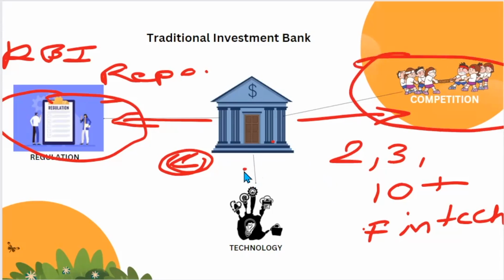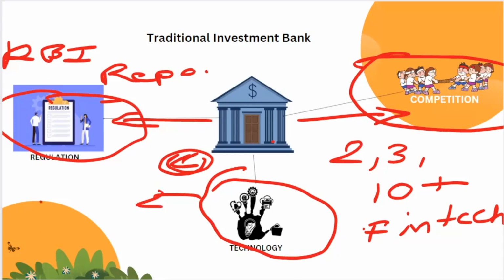Now let's say the third problem is technology. If you see the user interface of banks or their apps right now, it's very poor. Users don't know how to navigate to a particular portion, or how to raise a request. This is related to AI. They have not advanced their UI.